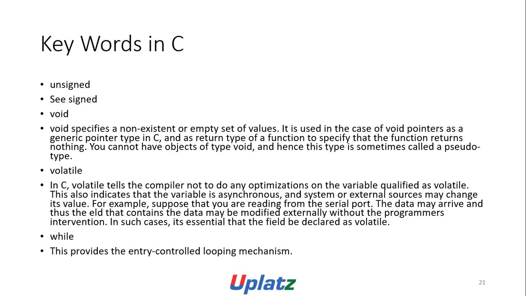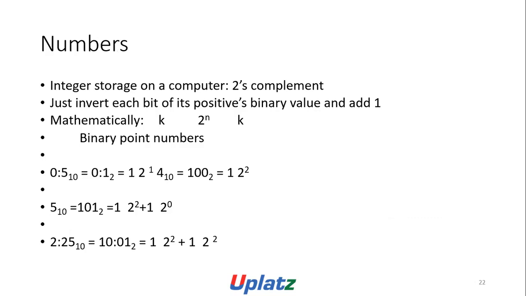While this provides an entry control looping mechanism, for negative numbers, integer storage is two's complement: just invert each bit of its positive binary value and add one.